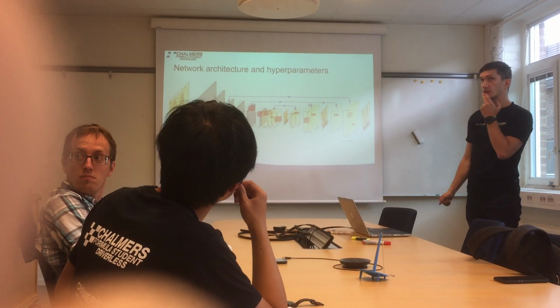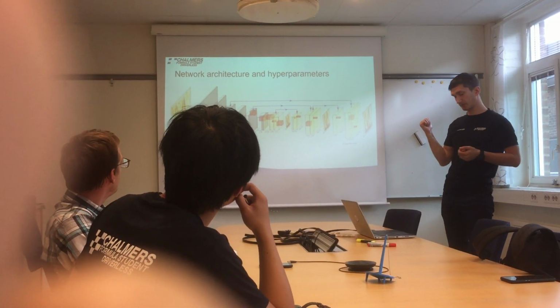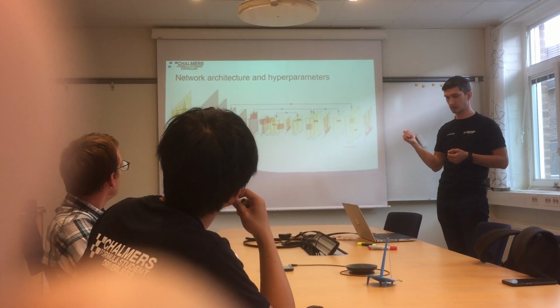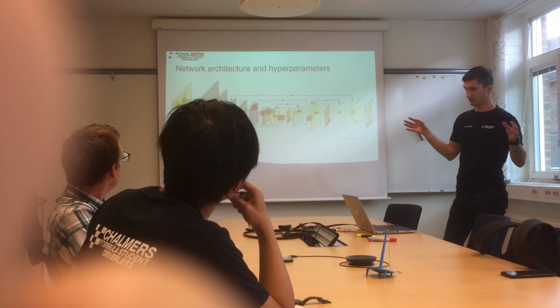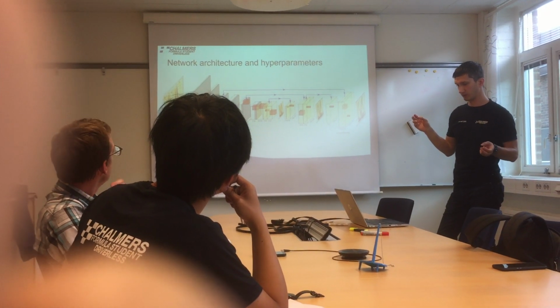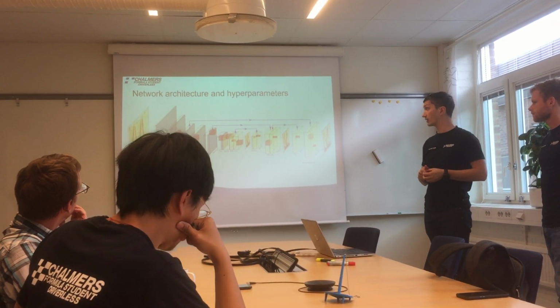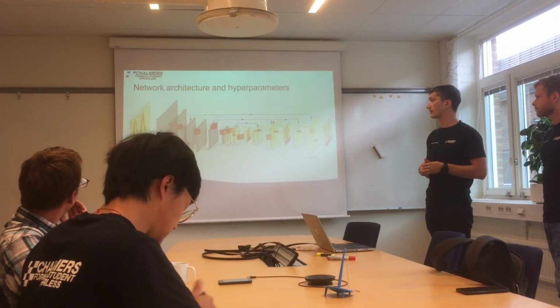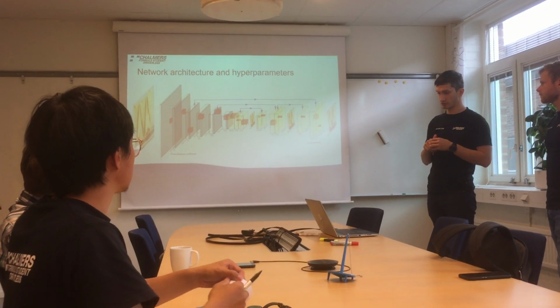What we also did with the whole network is that the You Only Look Once network relies on anchor box detection. So you have a series of anchor boxes, and each anchor box is responsible for a certain size of object. And we recalculated the anchor boxes for our specific data.